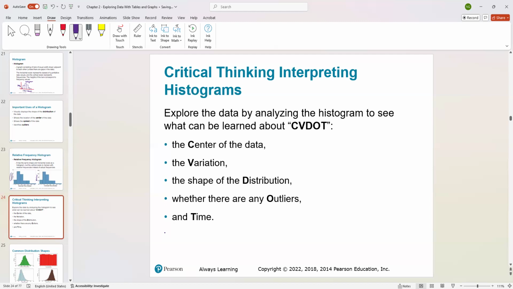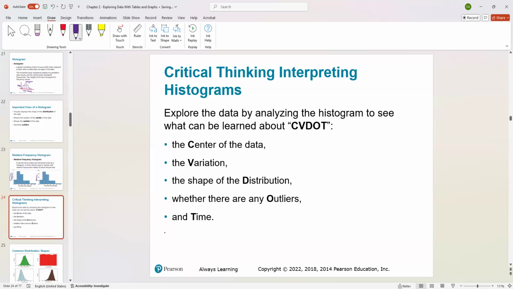Then the shape of the distribution, whether there are any outliers, that is, any values far away from other values, and also T for time, whether there is any change in the characteristics of the data over time. So that's what we're going to do.